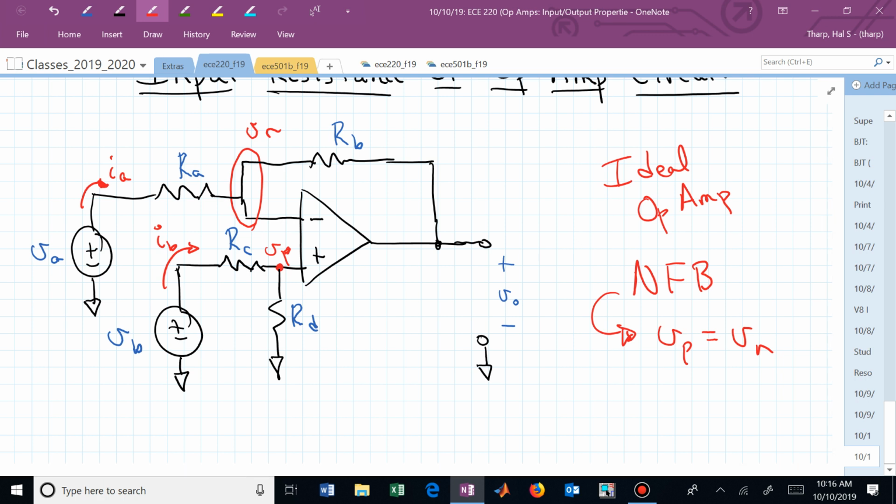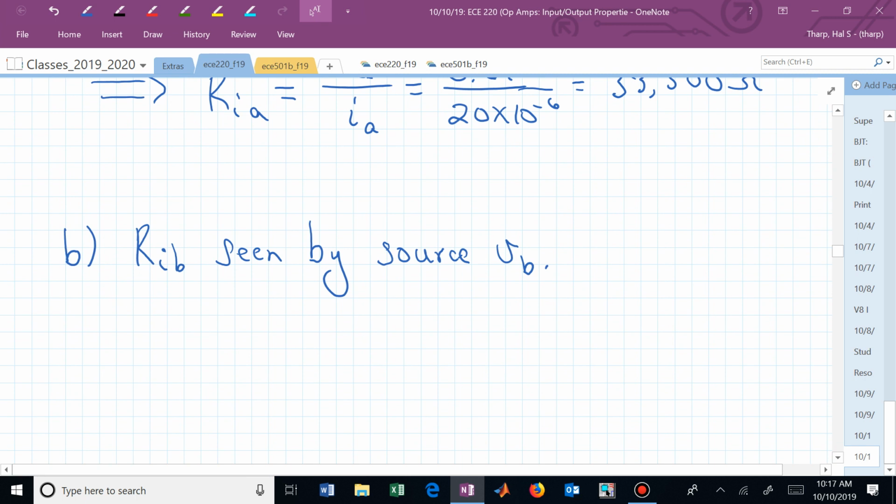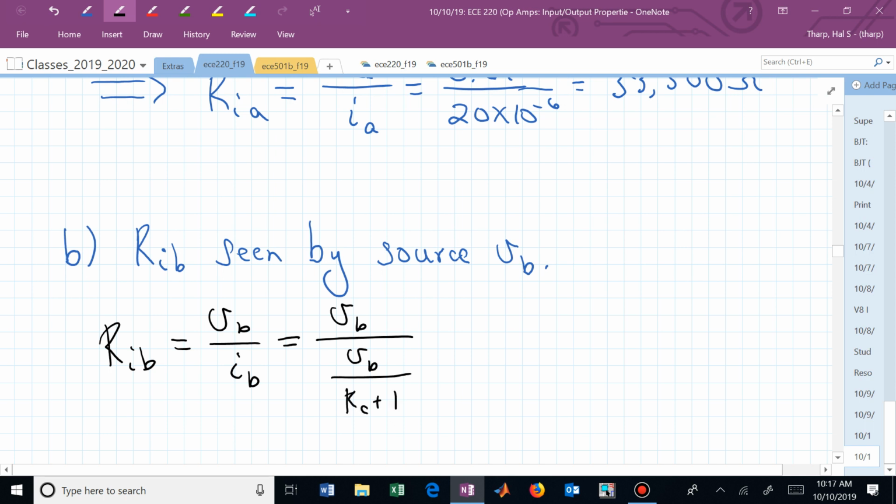I sub B is V sub B over the sum of those two resistors, R sub C plus R sub D, and R sub I sub B is V sub B over I sub B, and I sub B was V sub B over R sub C plus R sub D.